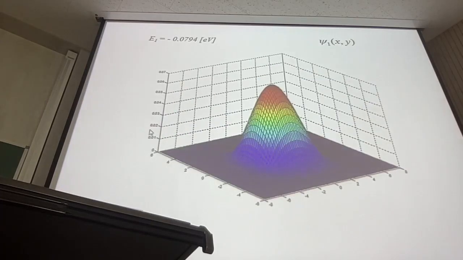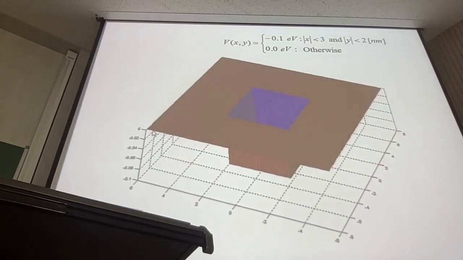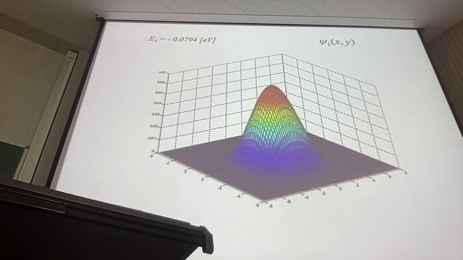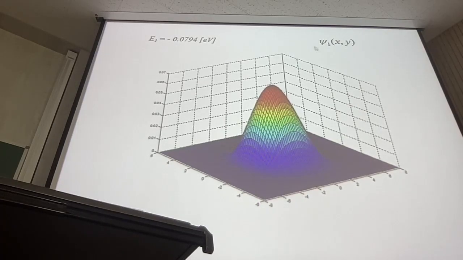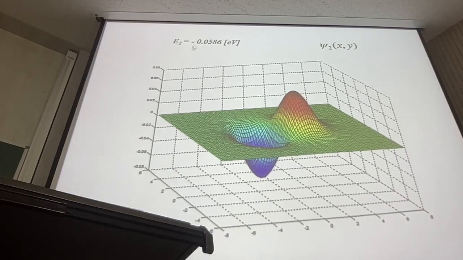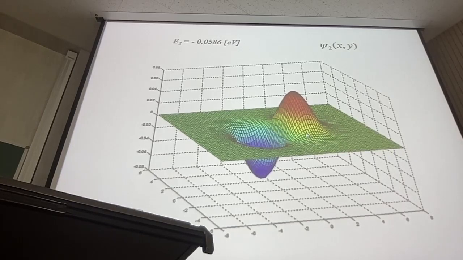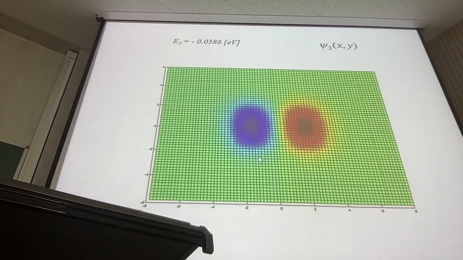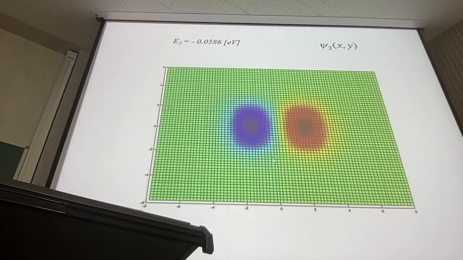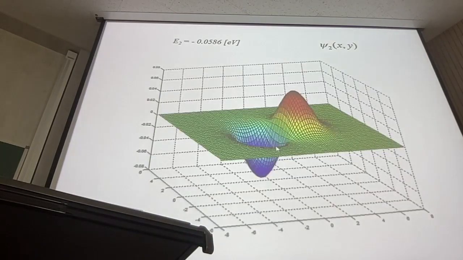And then we can just solve the equation, and this is the first eigenvalue and the first eigenfunction corresponding data points, and this is the shape of the eigenfunction. And this is the second eigenstate energy, and it's the probability density function, and this is another pseudo color representation of this one.